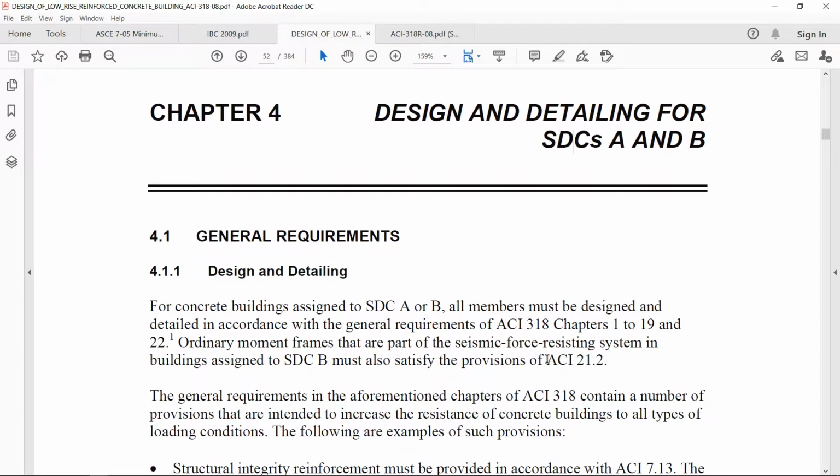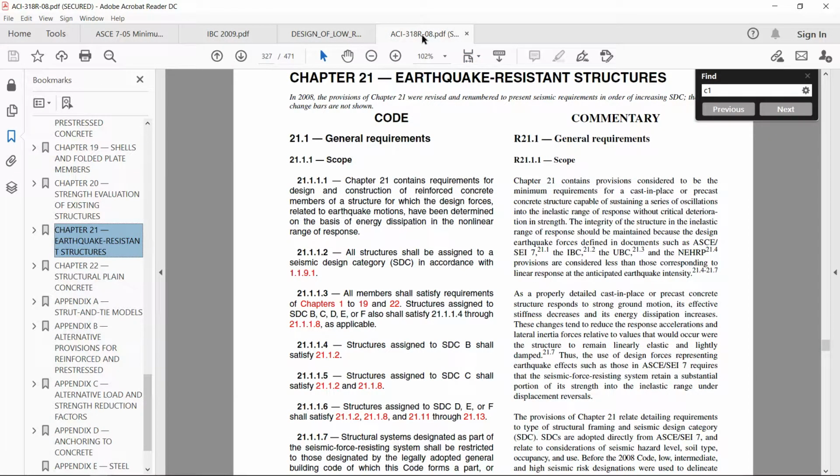Seismic design categories are as per the code ACI 318 and the chapter is 21.2. So let us go to the code and let us understand what is the meaning. This is ACI 318. It's chapter 21. Its paragraph is 21.1.1.2. It says that all structures shall be designed to a seismic design category in accordance with 1.1.9.1.